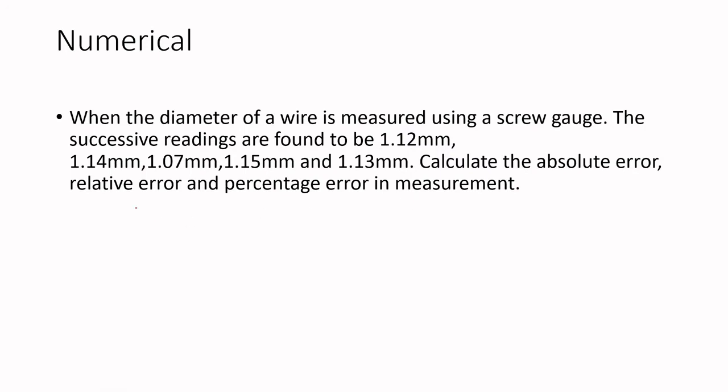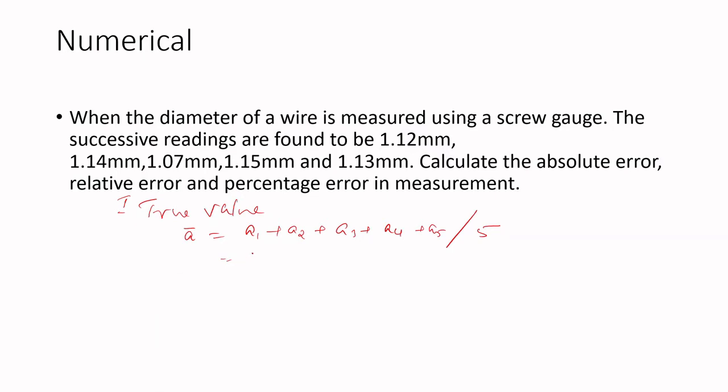So our first step of measurement is finding the true value, or the average. We can call these measurements A1, A2, A3, A4 and A5. When you find A bar, it is A1 plus A2 plus A3 plus A4 plus A5, the whole divided by 5.